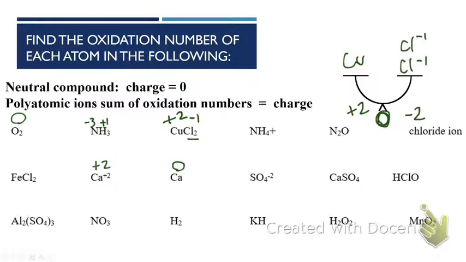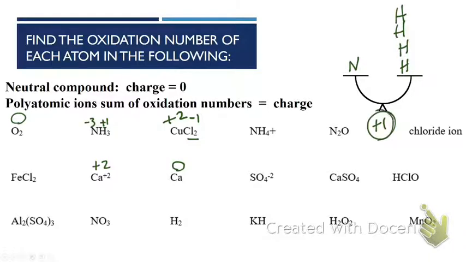So all of this stuff has been pretty normal. We have this ammonium, which starts to shake things up a little bit, mostly because in here, when we have that 1 nitrogen and those 4 hydrogens, our total is going to add up to a +1 because of that positive charge there. So if I think about it, I have my 4 hydrogens, which are going to have a +1 charge, which gives us a total of a +4 in this compound.